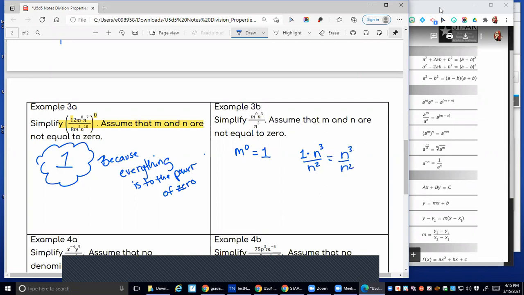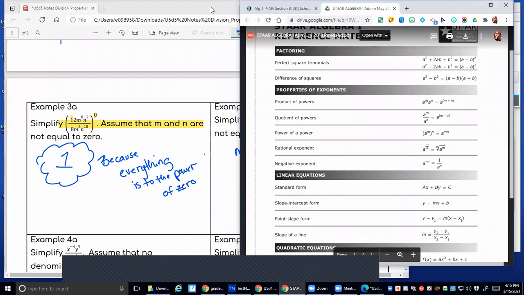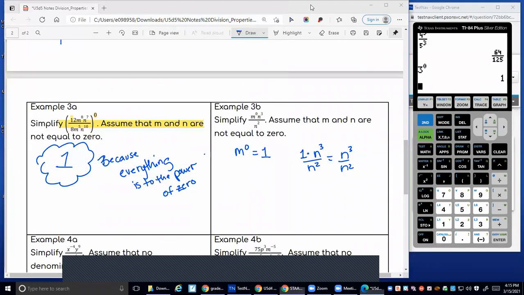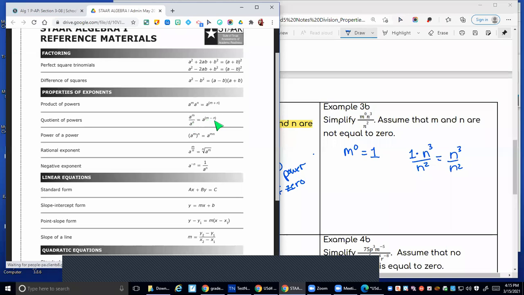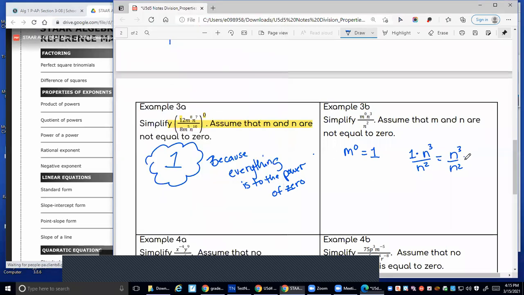Now I can look at my little sheet. I've got the fraction, so I'm going to look at the quotient of powers and I'm subtracting, right? So that's going to end up being n to the power of 3 minus 2. Well, that's just equal to n to the 1. And technically, n is my favorite answer.